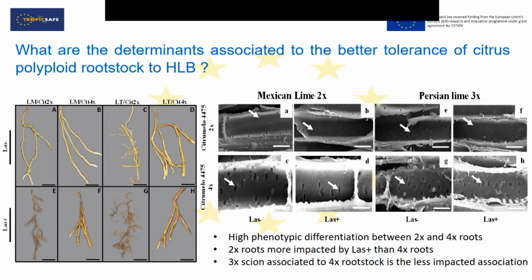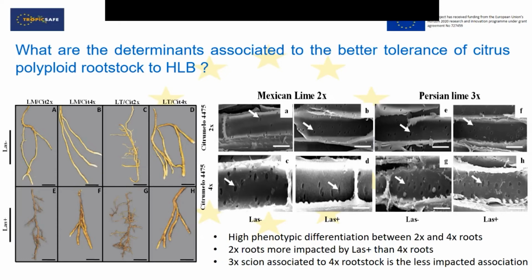But what you can see is that for the diploid, E and G, there is a destruction of the root system that does not seem to happen in the tetraploid. So this was very interesting for us, suggesting that the tetraploid were able to behave much better with the disease.